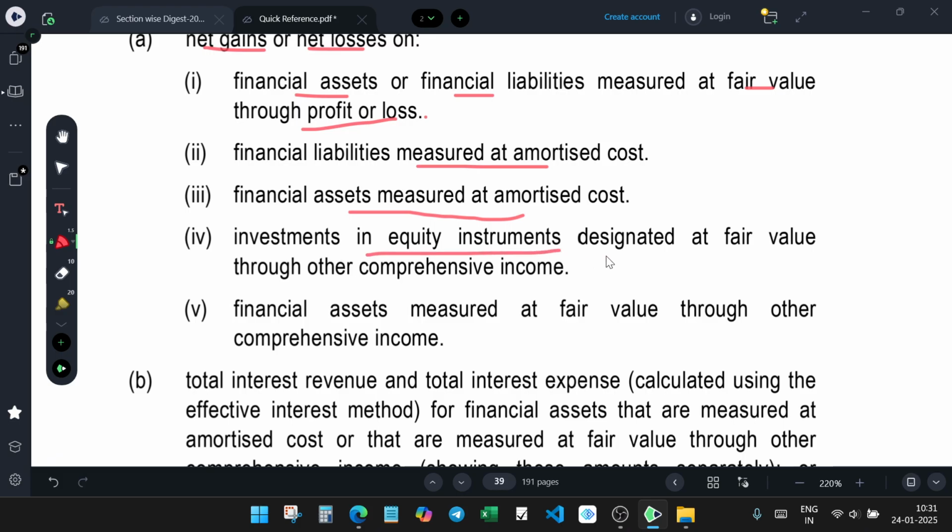Investment in equity instruments designated at fair value through other comprehensive income. What they say is you buy a share in one company, and you hold the shares at the value at which you purchased them.